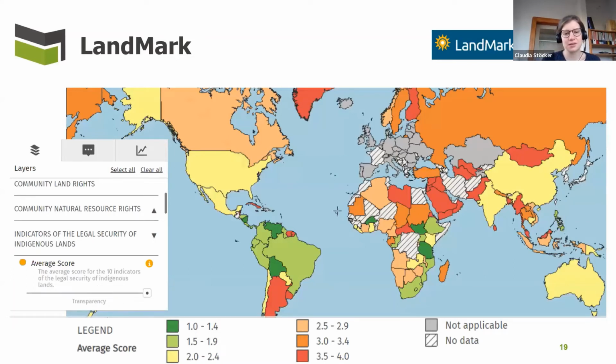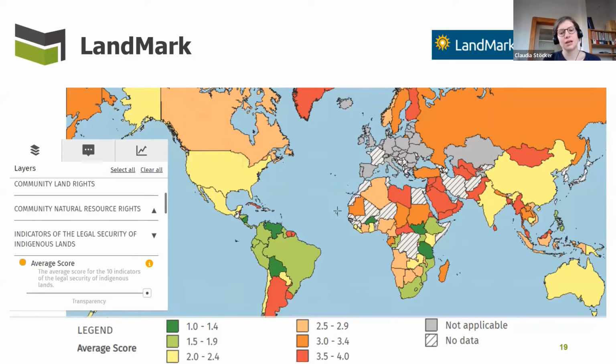So this is again a screenshot from their WebGIS application. What we see here is an average score of the legal security of indigenous land. The green score means the law addresses the issue of indigenous land fully, so it's good.